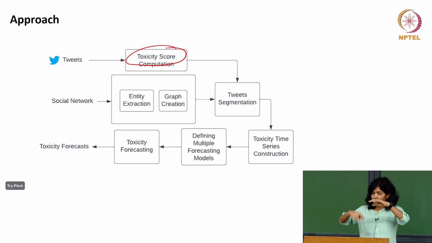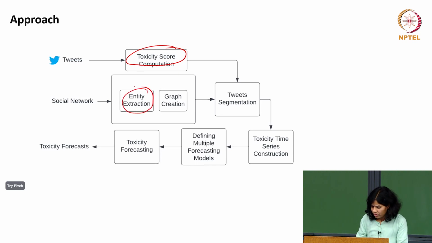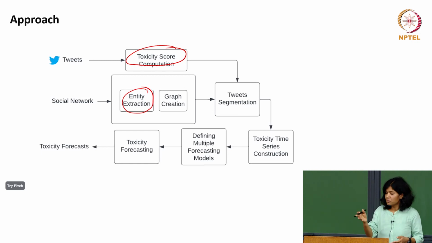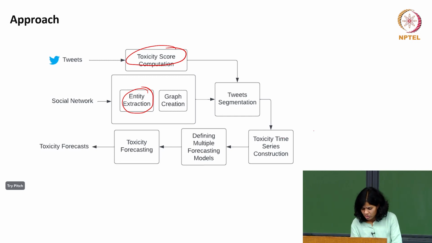So we can do it at various granularities of the entities. We figure out the entities, and then we segment, right? You need to create a time series, so per week versus per day. That's the time series construction. So we create the toxicity time series.